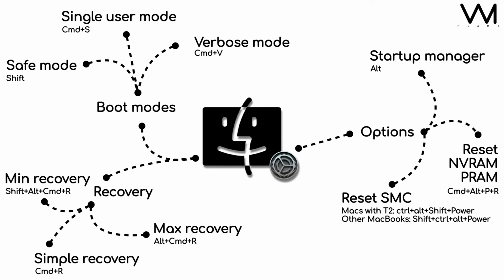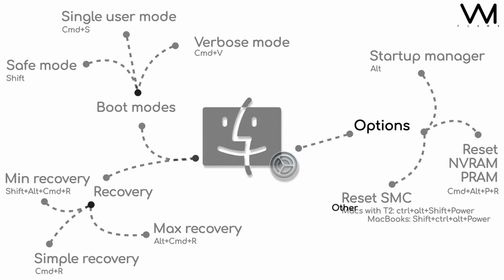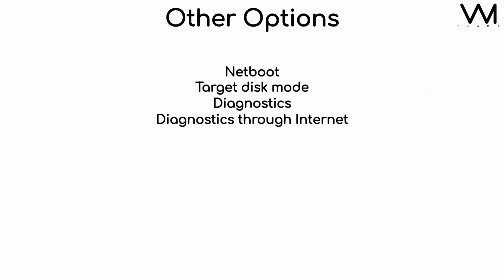Well, let's talk about other options, because not all the options mentioned on the right. NetBoot. What is NetBoot? Well, let's just shortly explain this. Well, we have volumes. These volumes are bootable.